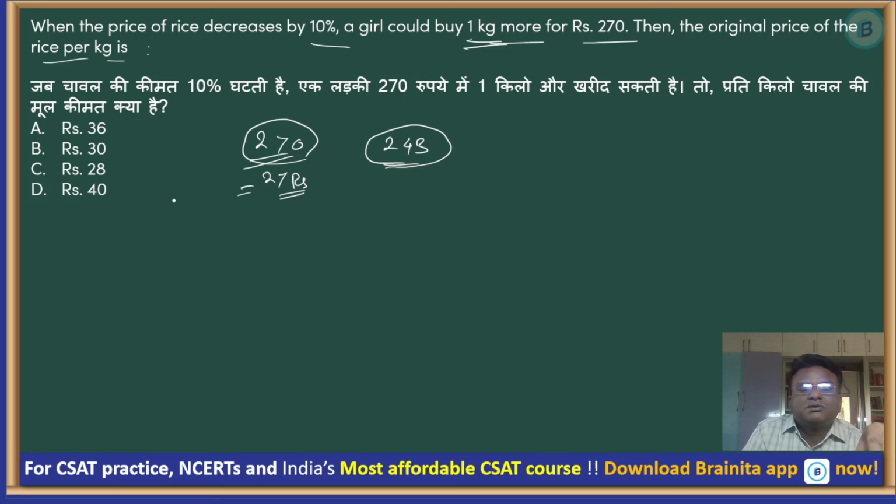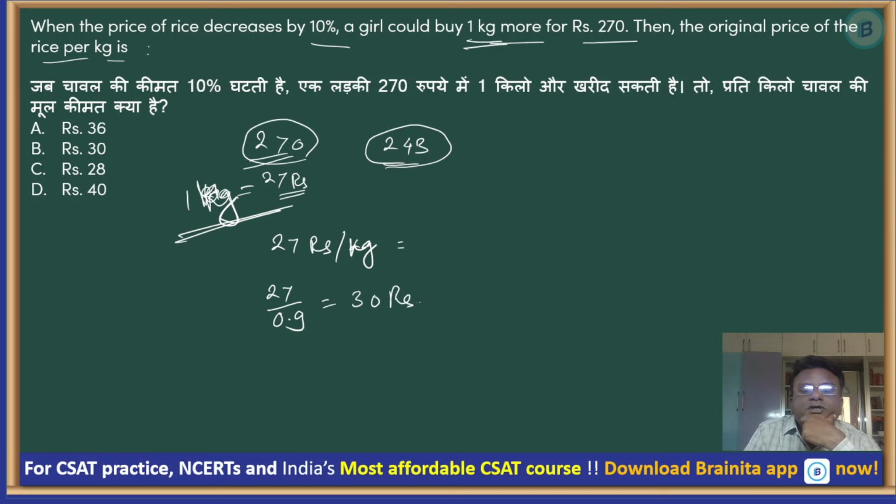That means this 27 rupees is equal to 1 kg. The new rate of the rice is 27 rupees per kg, which is after a reduction of 10%.